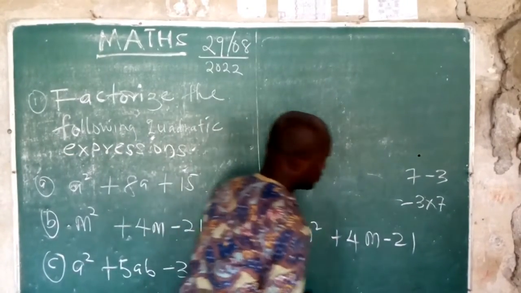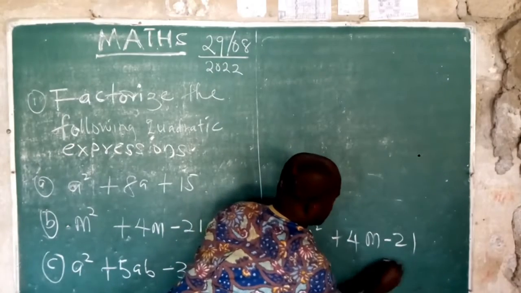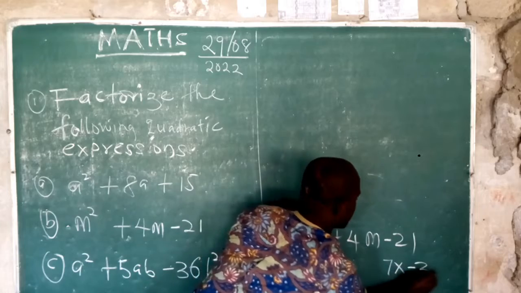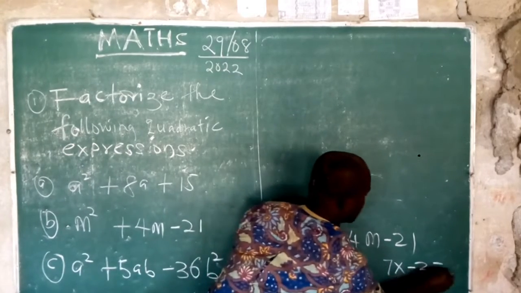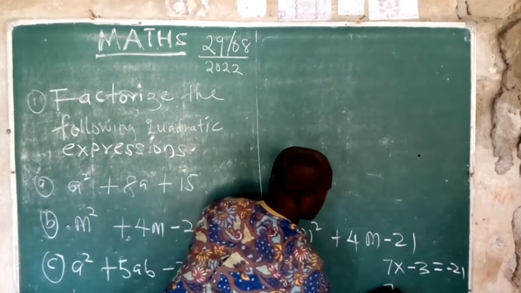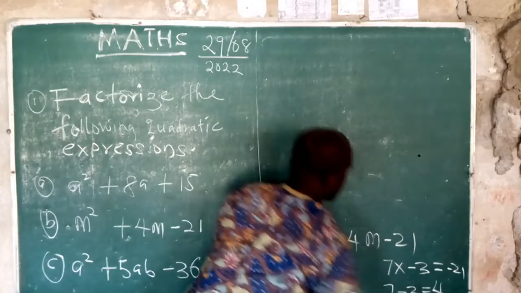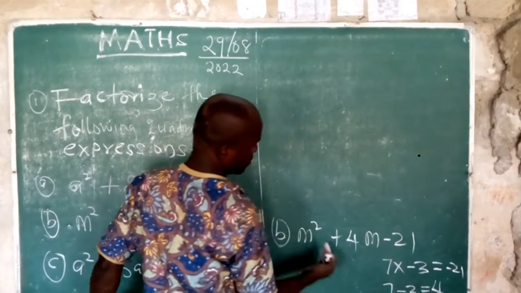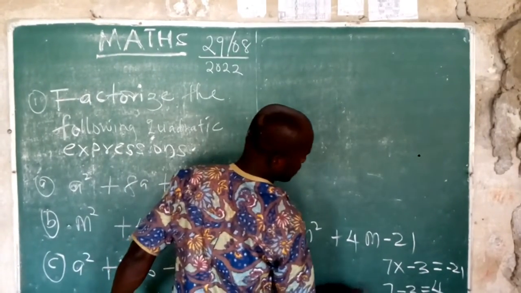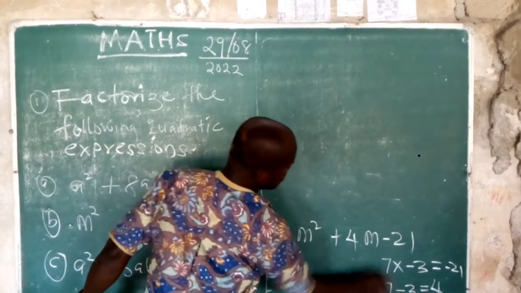In other words, we are saying the product here is 7 times minus 3, which is going to give us minus 21, and we know that 7 minus 3 can give us 4. So we now implement this. We now carry this and put it in place of this, with the variable.